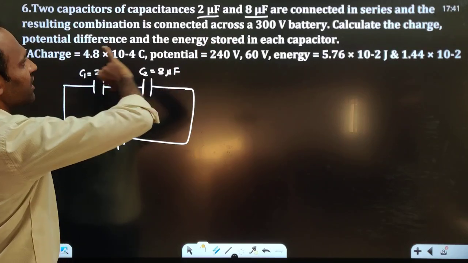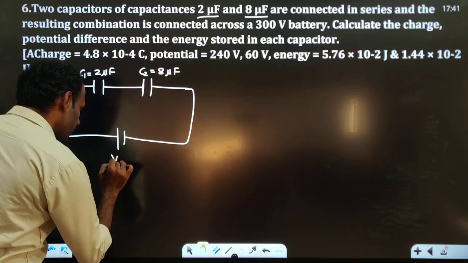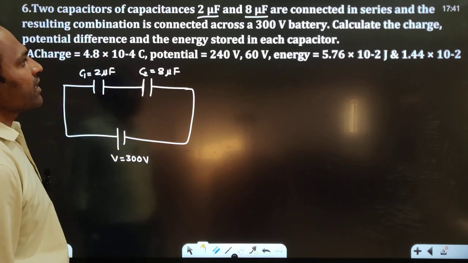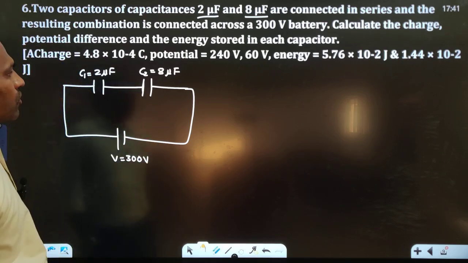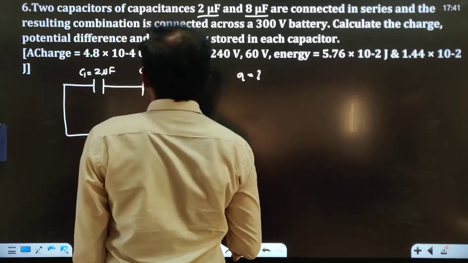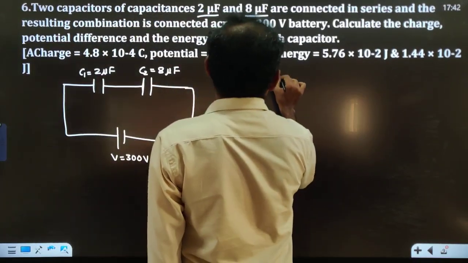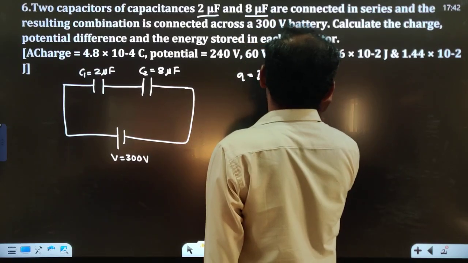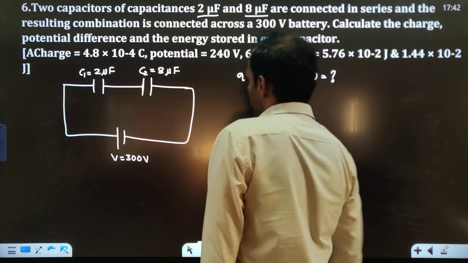The resulting combination is connected across a 300 volt battery. We have to calculate the charge on each capacitor, the potential difference, and the energy stored in each capacitor. These three things we have to calculate.